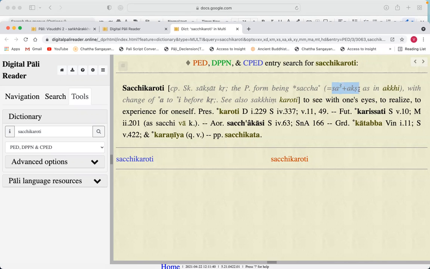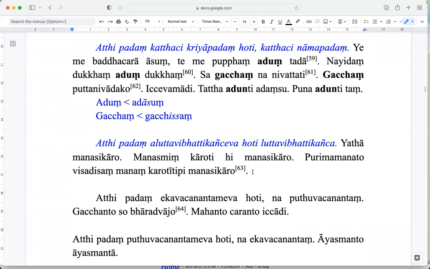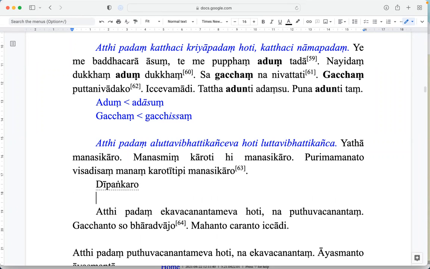So we can find many examples like this. Dibankaro is alauda vibhadika, but kombakaro, the case is elided.